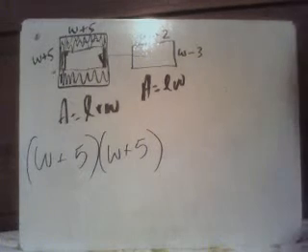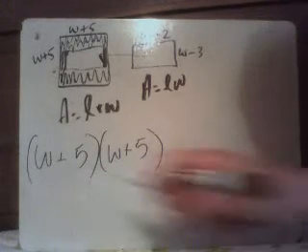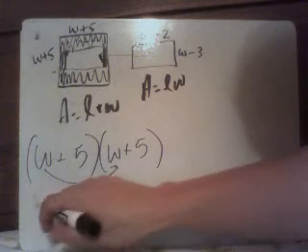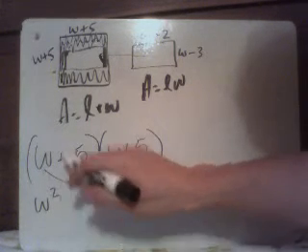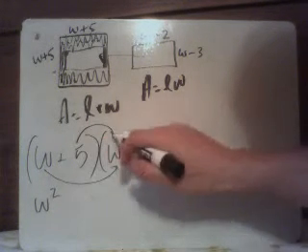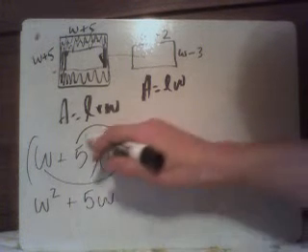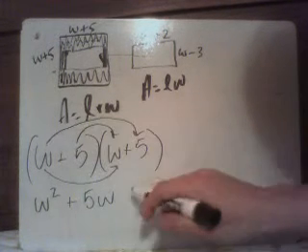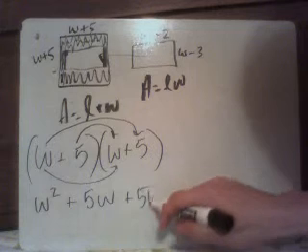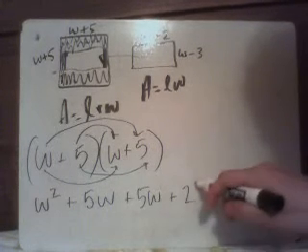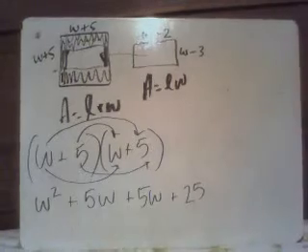Let's find the area of the square first. If I were to FOIL this out and distribute, w times w is w squared, 5 times w, 5w, w times 5, 5w, and then 5 times 5, 25. That's the FOIL method.